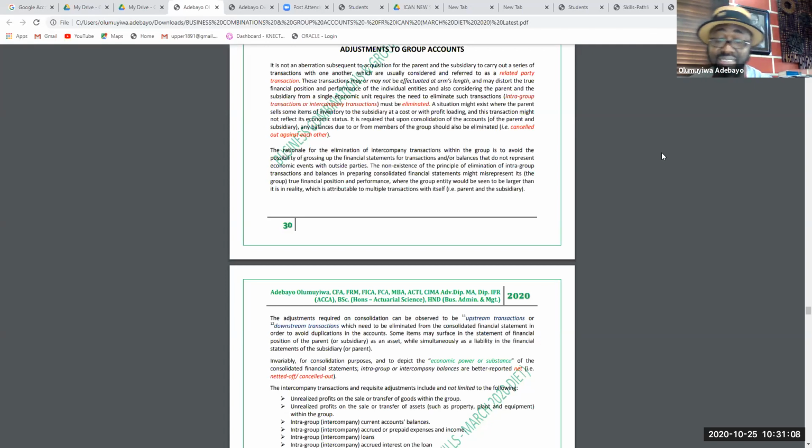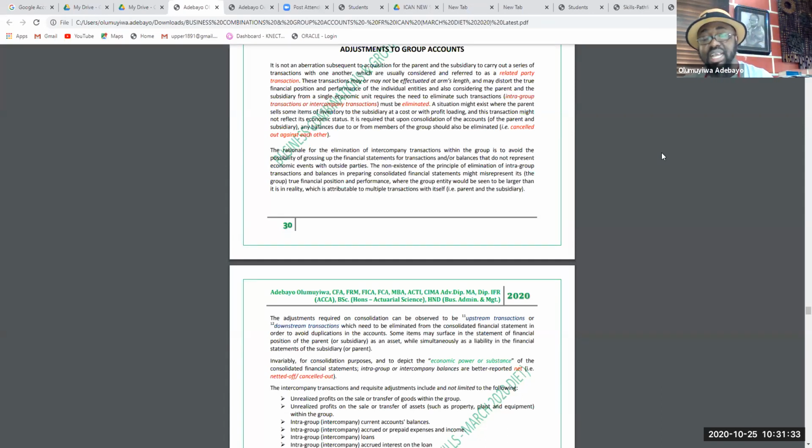The portion that is realized from the group perspective, we have no problem about it. And we have no cause for alarm. We have no cause for adjustment. But for those that are considered unrealized, we have the responsibility to adjust for them because such profit is not appropriately earned until the impact affects the third party.